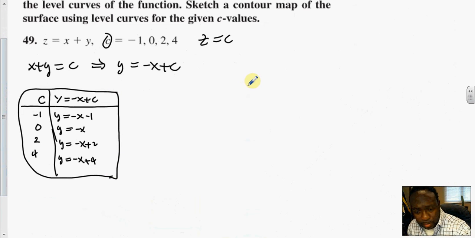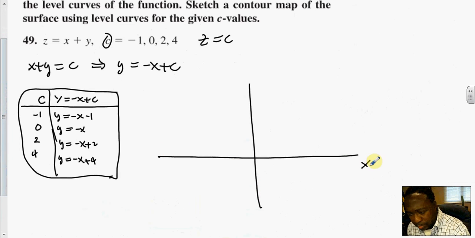So if we look now at the graph, if we take the first one, it's a negative slope with y-intercept at negative 1.